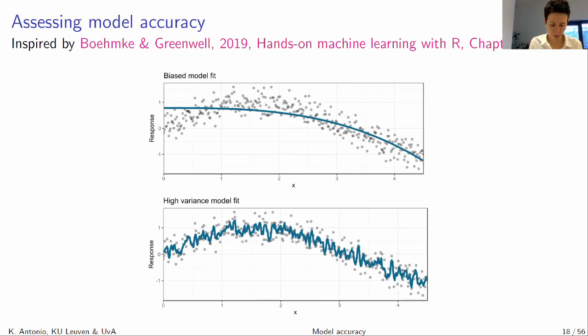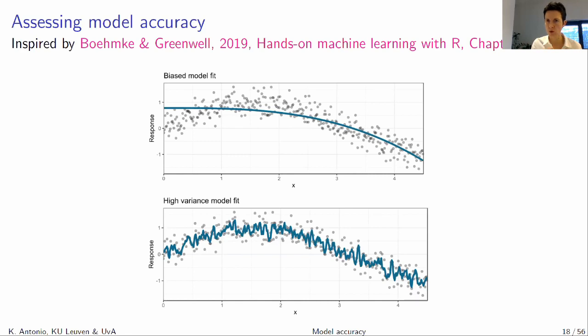We're going to talk about that more later on today. What I see here is a very variable model fit. If I reran the model on a newly generated data set, I could get quite a different result. So this is a model with high variability, although it is quite capable of getting close to the observed data in the training data.